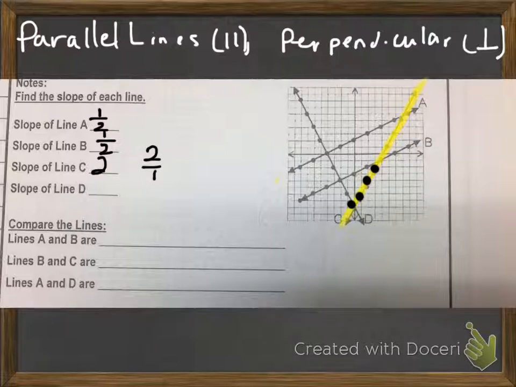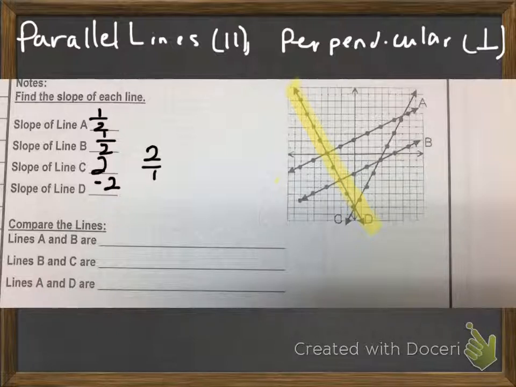Very good. Let's look at D, our last one. What's the slope there? Okay, -2 this time because it's going to go down 2 over 1.